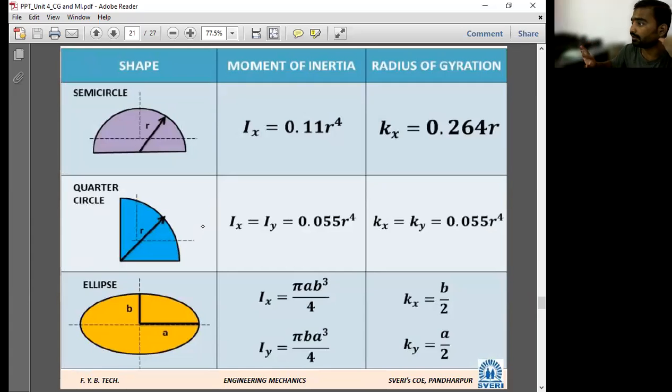Pi mean 22. All of you are getting 0.392. You should get 0.11 r raised to 4.